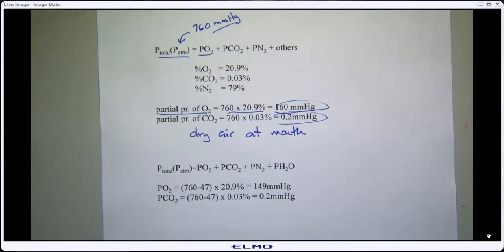Now we know once we bring that air into the lungs, we hydrate it. We added something to the whole: water. We added water pressure to that. So part of the 760 at the level of the bronchioles is now water, and we have to take that water away from the partial pressures that we calculated.